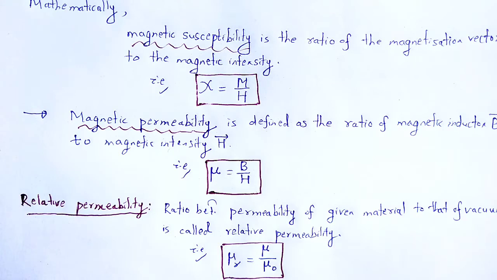In other words, the extent to which magnetic field can penetrate a medium is called the permeability of that particular medium. With the help of that term, we can easily understand how the magnetic field can penetrate a medium.